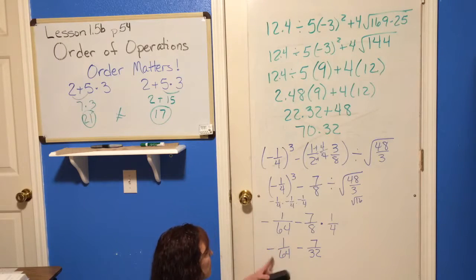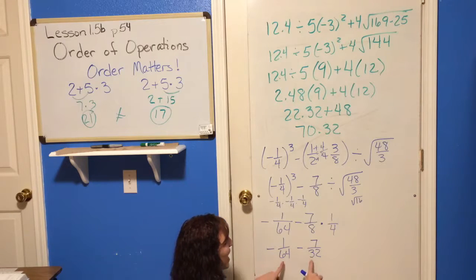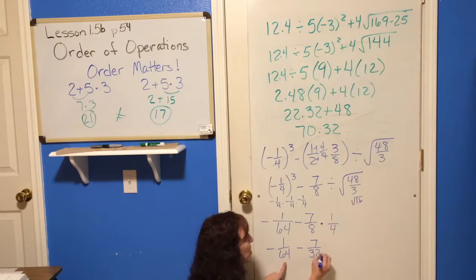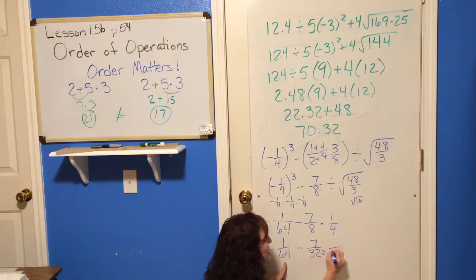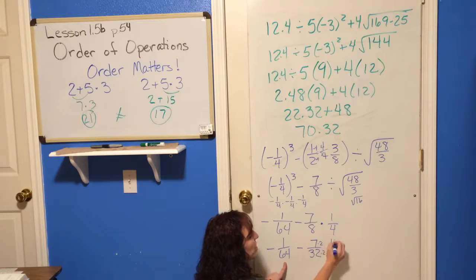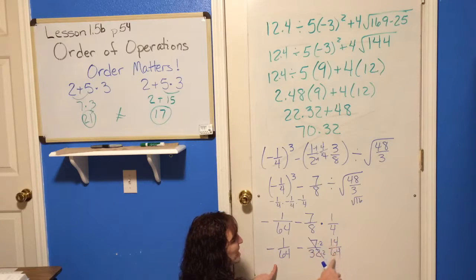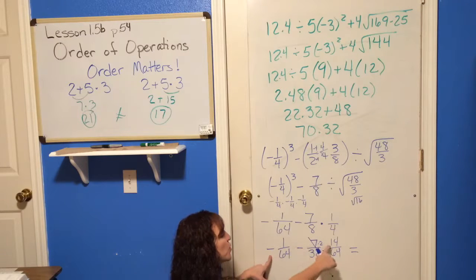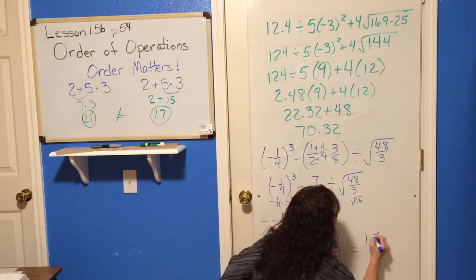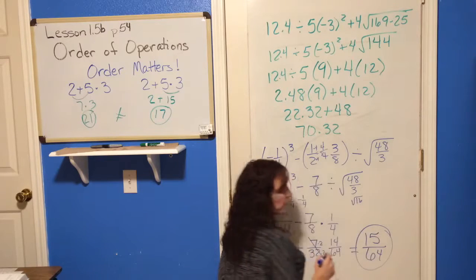So now I just have negative 1/64 minus 7/32, and I can quickly see, ooh, 32 times 2 is 64. So 7 times 2 is 14. So now I just have negative 1/64 minus 14/64. Because they're both negative, I add them. So 14 plus 1 is 15, and my denominator stays 64.